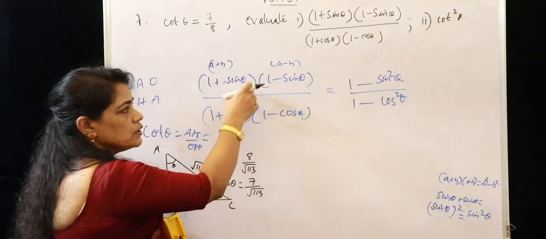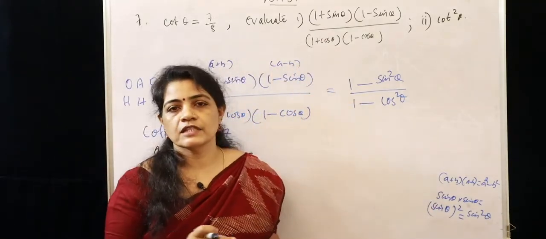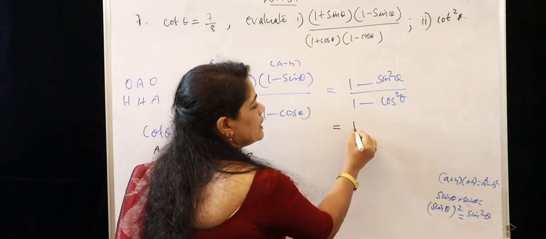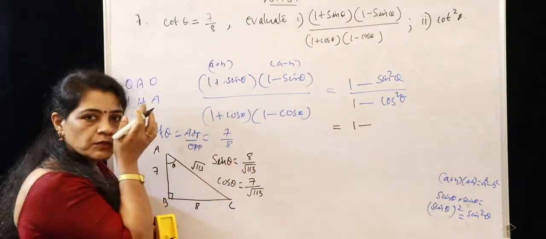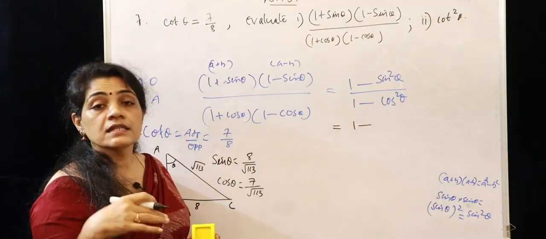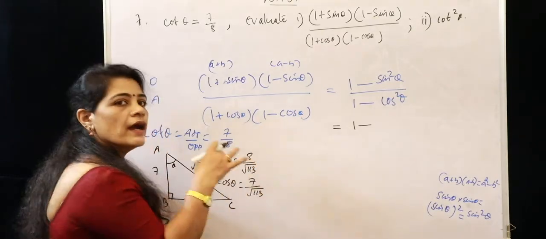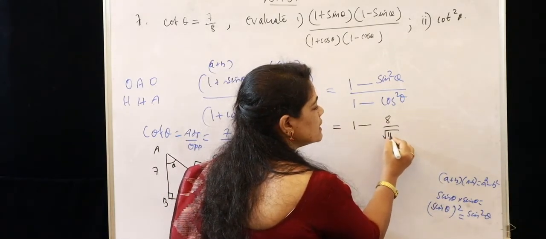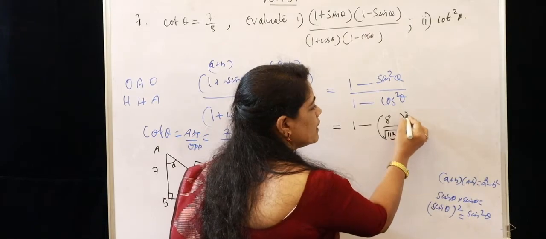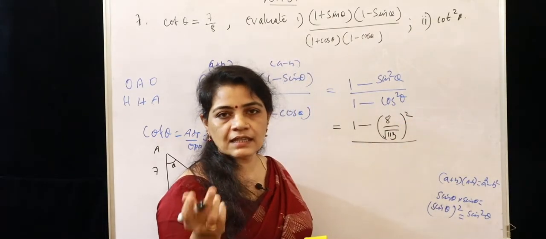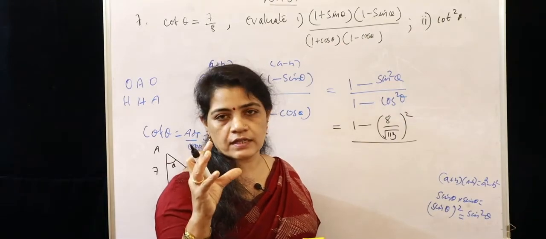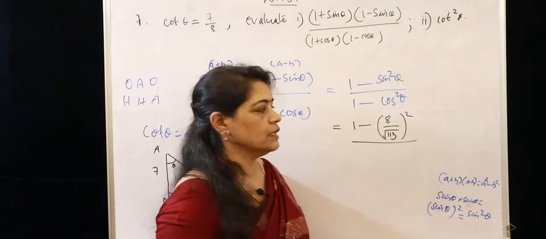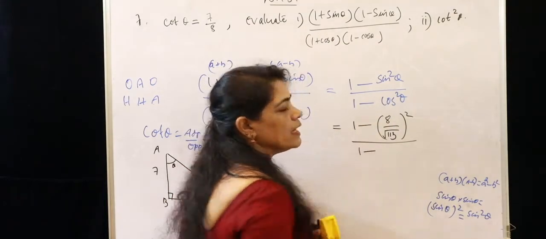So now we are moving to the substitution part, that is, this should be substituted over here. We have reduced this into that form by using the identity a plus b into a minus b. Is it okay, children? So this becomes 1 minus sin square theta. If sin theta is equal to 8 by root 113, sin square theta is nothing but sin theta whole square, that is 8 by root of 113 whole square, divided by 1 minus cos square theta.